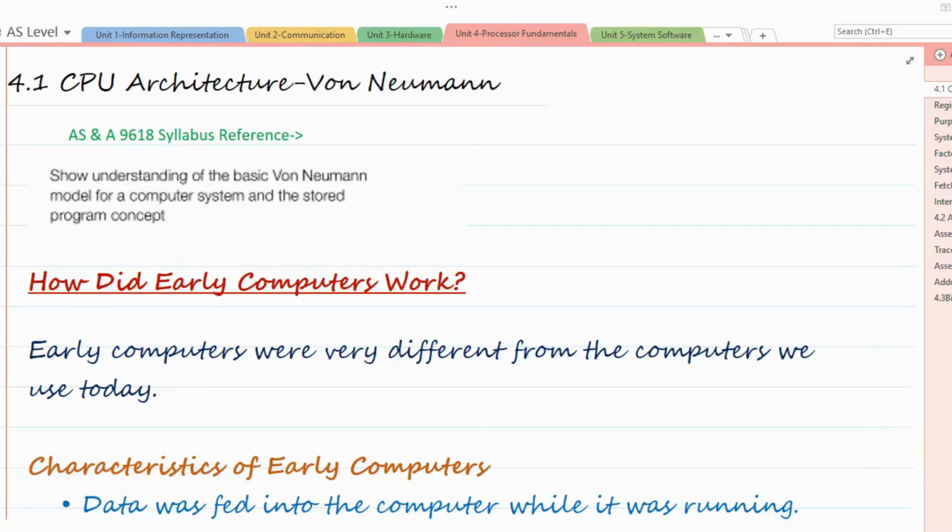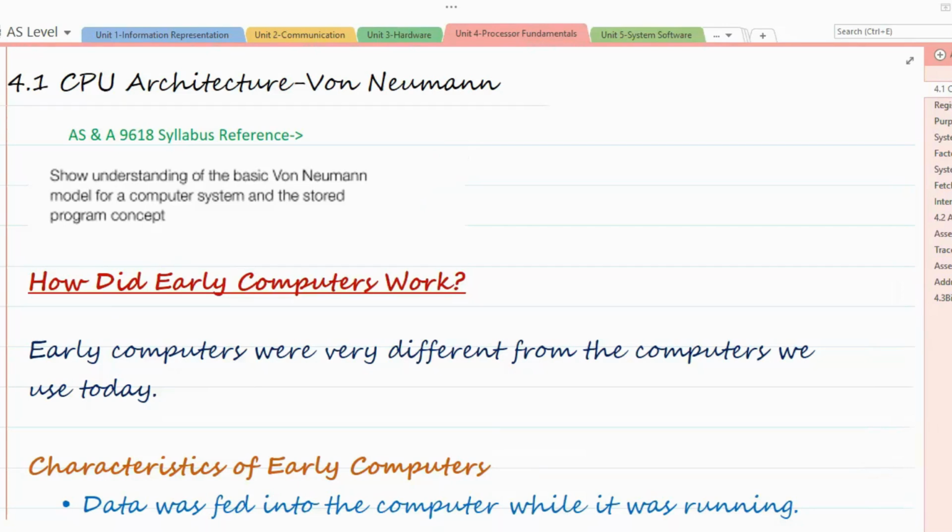Before we begin, let me ask you a question. Imagine you want to use your laptop to watch YouTube. A few minutes later, you want to play a game. Then you want to type an assignment in Word. Do you think you need to open your laptop and physically change the wires every time you want to perform a different task? Of course not, right?